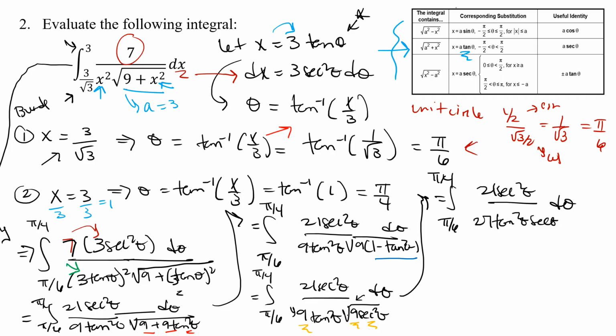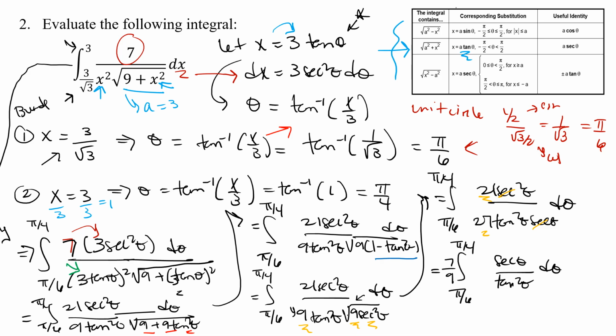All right, well, you can start seeing that this secant is going to cancel with this secant, okay? And then we have this 21 over this 27, so we're going to simplify that. Okay, that'll simplify to 7 over 9, right? So we're going to bring that out in front of the integral. So we're just left with a secant theta over a tangent squared theta, d theta, okay?